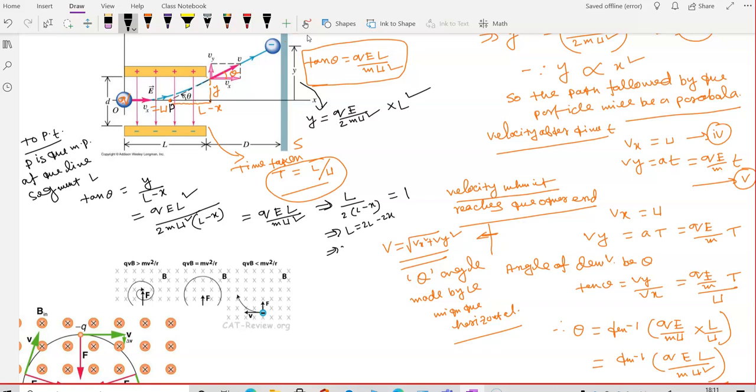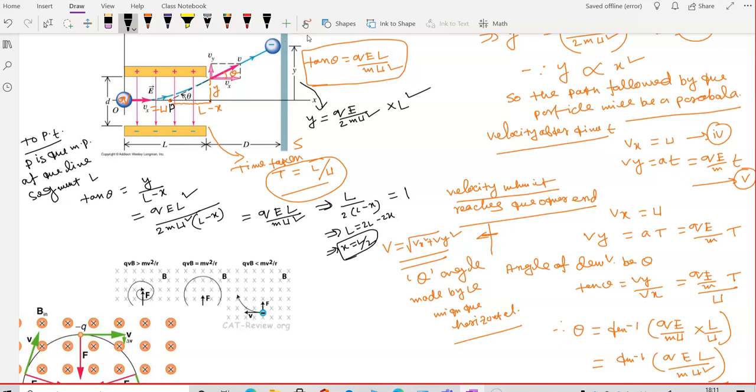So this implies x is equal to L by 2. So the produced part from here, if you join, will be the midpoint of the portion between these two. This will help us to get the value of y.